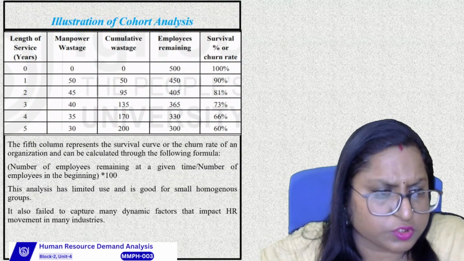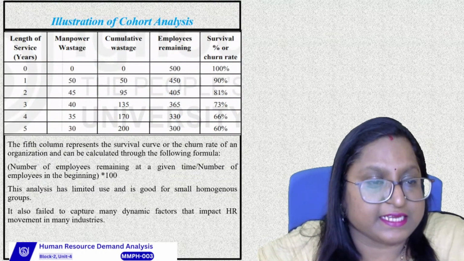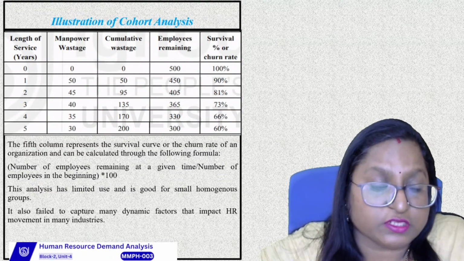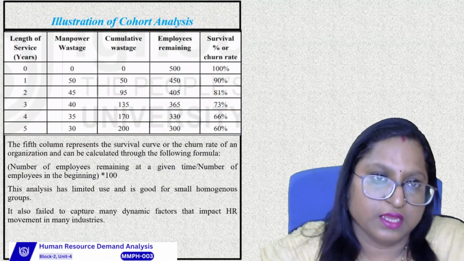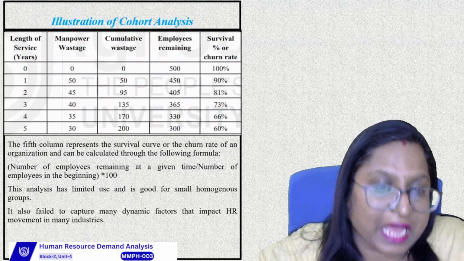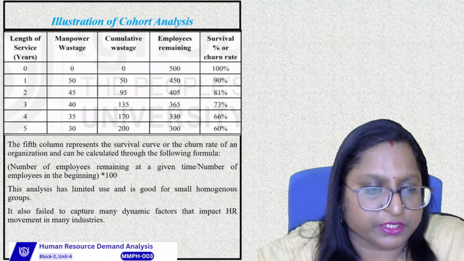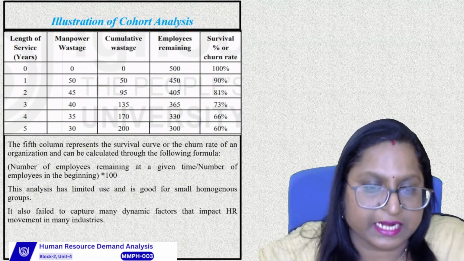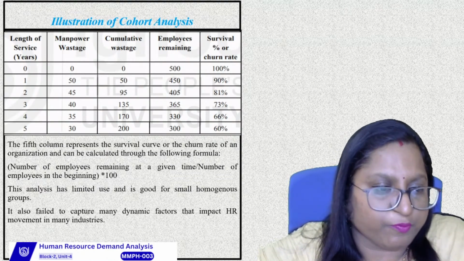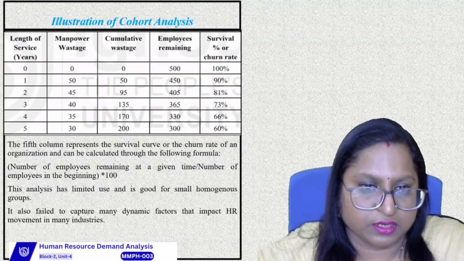So by putting this formula, we can find out the churn rate in different rows in different years. So this analysis has limited use and is good for small homogeneous groups. It is not suitable for large groups. It also fails to capture many dynamic factors that impact HR movement in many industries.